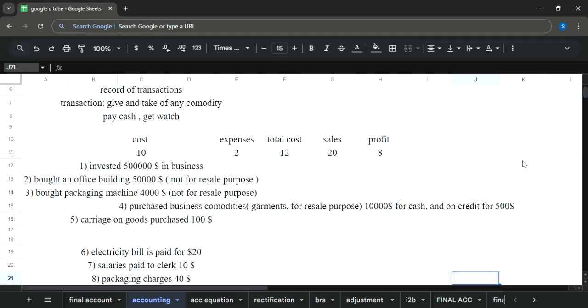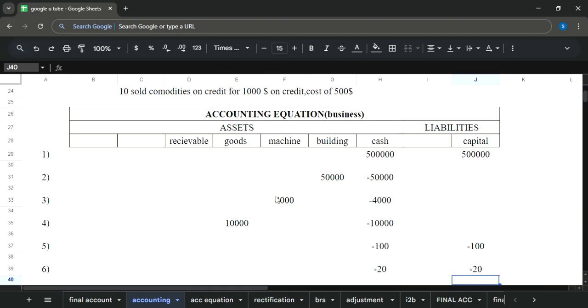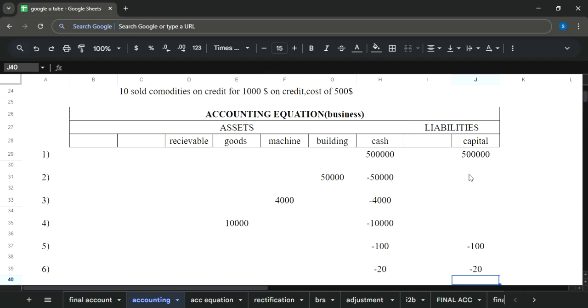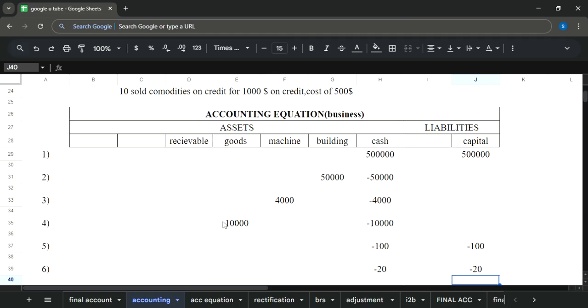Okay, this transaction number 4 was having two parts, and we have entered only a single part, so let's add it as well. We have purchased business commodities on credit as well. So here 10,000 worth of commodities for cash, 500 worth of commodities on credit, but collectively what happened?